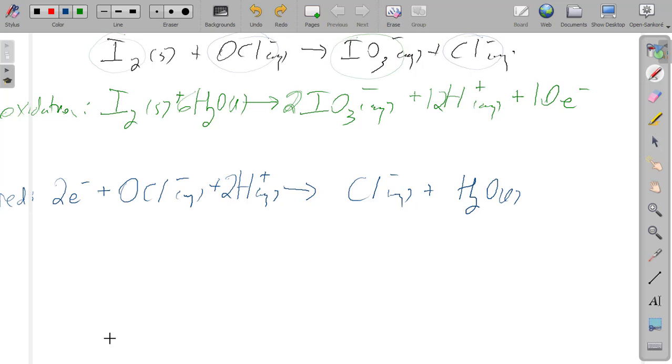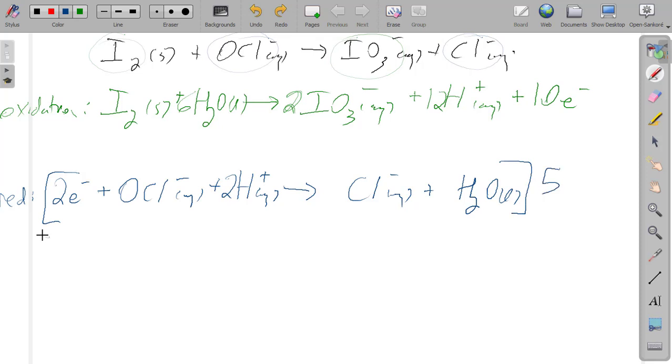Okay, next step. We need to algebraically add these together such that the electrons disappear. But because there's 10 electrons in the oxidation half reaction and only 2 in the reduction half reaction, and we need them to be equal, then what we can do is multiply this reduction half reaction totally by 5.